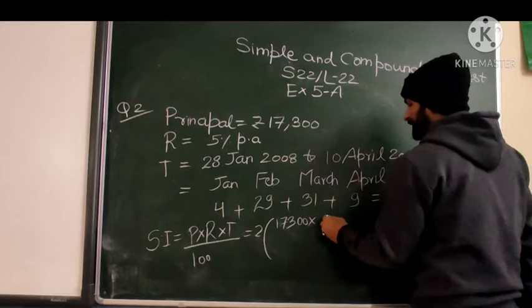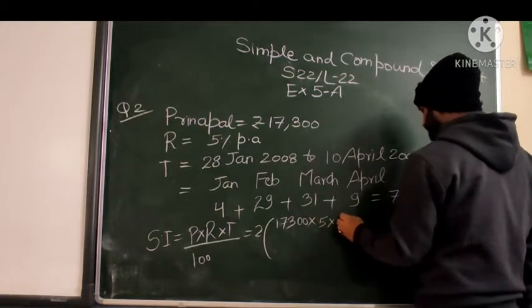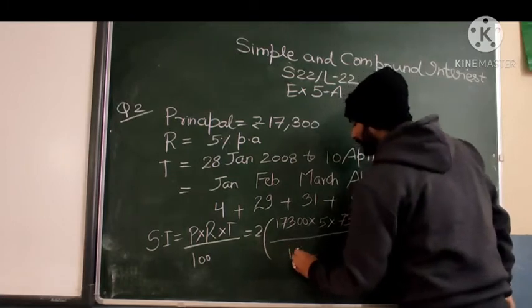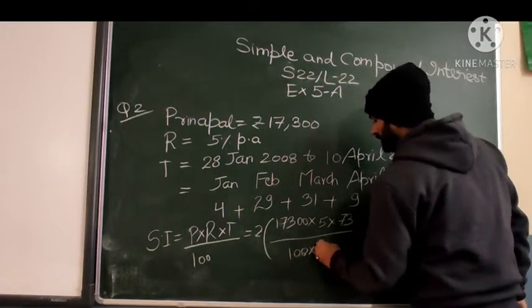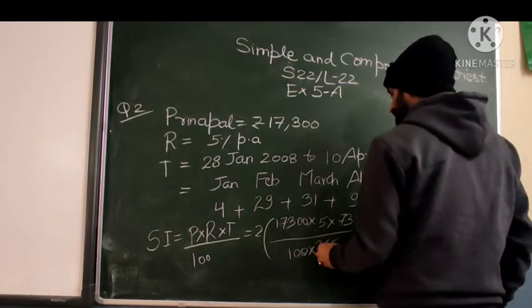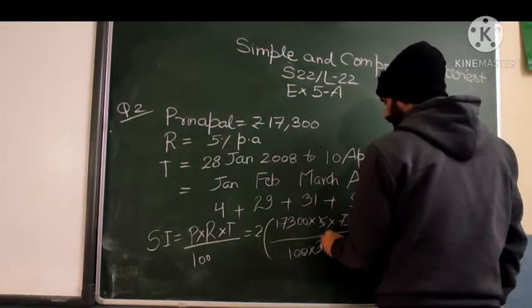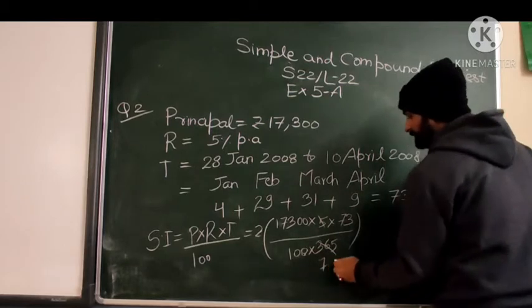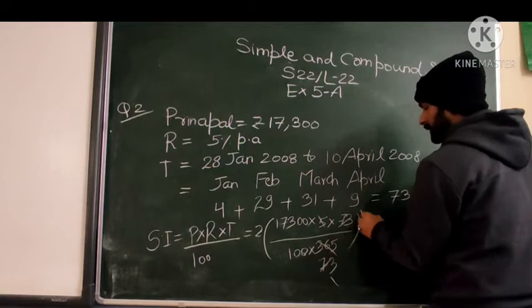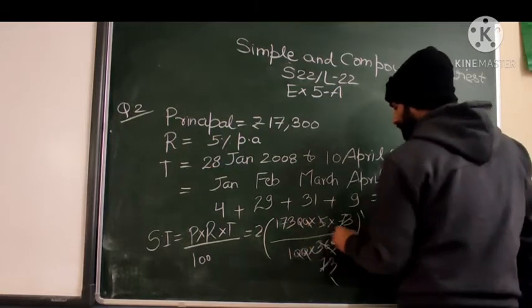R is 5% per annum. T is 73 upon 365 years. So 5 fives are 25, 73 by 365 is one fifth. Two zeros gone. 70 rupees.